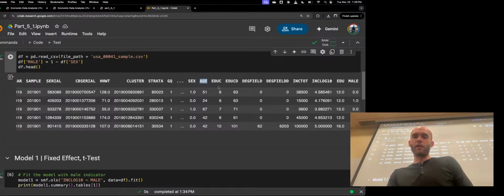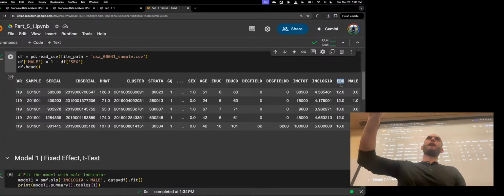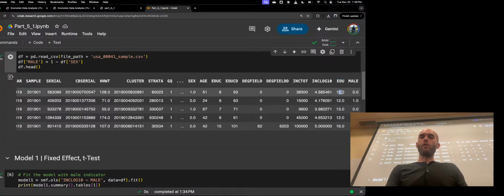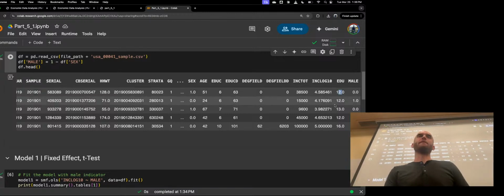We have our age variable, which we controlled for last time. I constructed this edu variable, which is how many years of education you have. So 12 is a high school diploma, and then 16 would be a bachelor's degree.